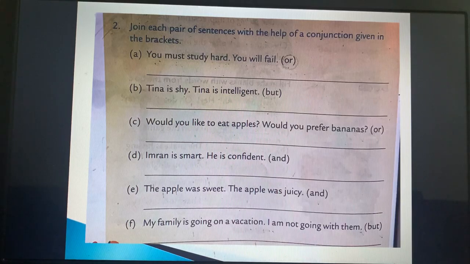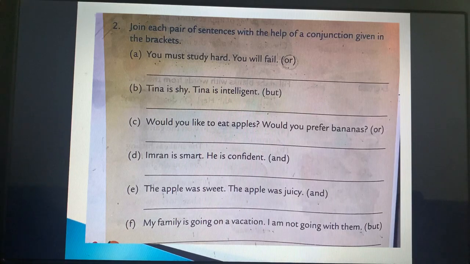First is and, जब एक सेंटेंस पॉजिटिव होता है, अनदर नेगेटिव होता है, और we add something in some another thing. जब हम किसी चीज में कुछ और ऐड कर रहे होते हैं तो हम कंजंक्शन and यूज करते हैं. Or means या ये या वो, when you have one alternative. But जब हम कंट्रास्ट शो कर रहे हैं आपस में, when one is positive another is negative.